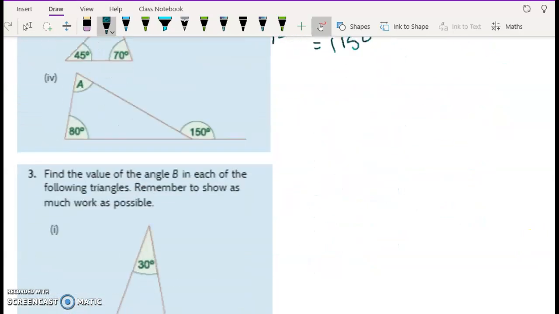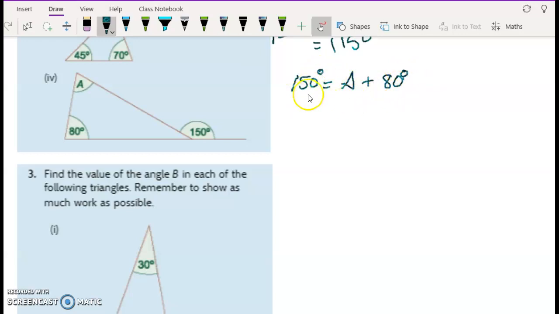So if I go down here to this question, again, my exterior angle is equal to the sum of the two opposite interior angles. So this time, what I can write is 150 is equal to A plus 80.